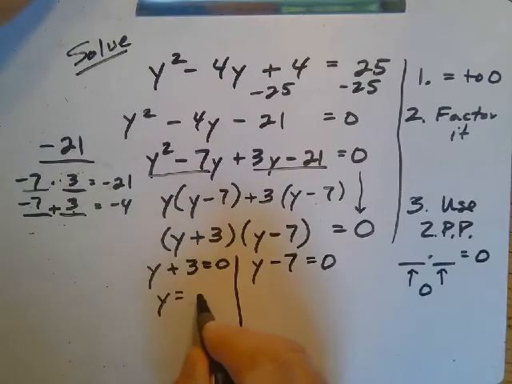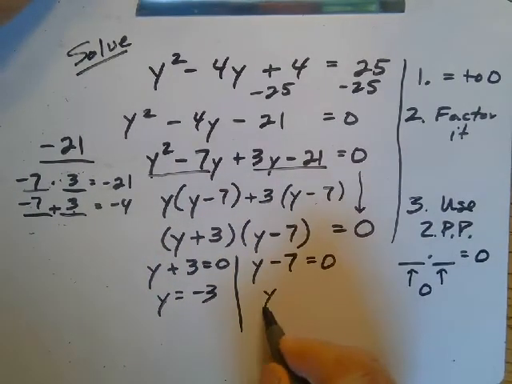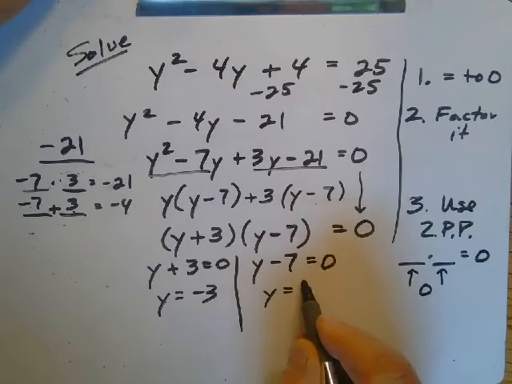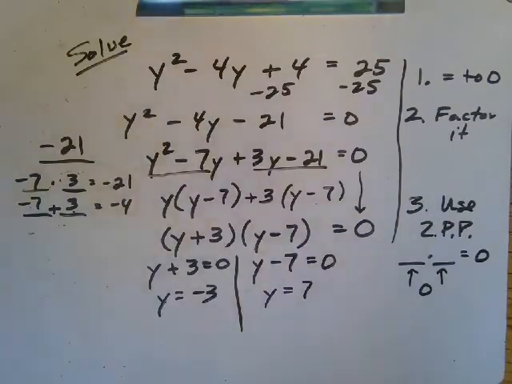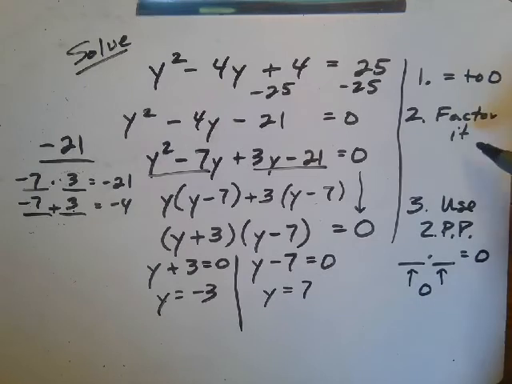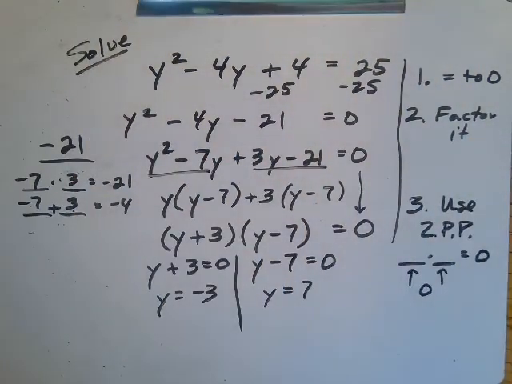Subtracting 3 from both sides, y could be a negative 3, and adding 7 to both sides, y could be 7. Now, all of these problems that you have are going to be done by factoring. You're going to set it equal to 0. You're going to factor it, and then you might use the zero product property. The factoring part is usually the harder part, but don't forget that you've got to solve them if they say solve and they've got an equal sign.